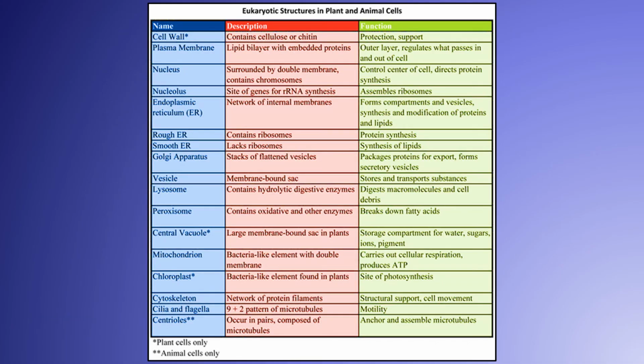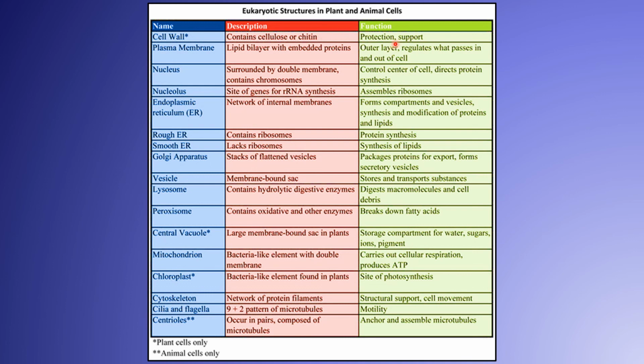All right. This chart just shows you the different types of structures in plant and animal cells. It gives you their name, a little description, and their function. For instance, cell wall, made up of cellulose in plants, chitin in shellfish, lobsters, crabs, arthropods, insects, that type of thing.